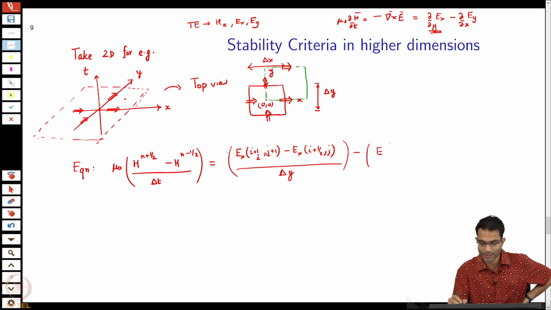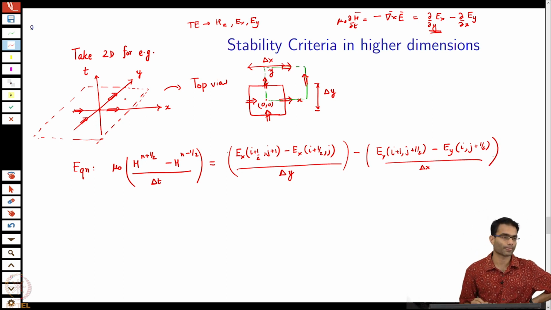The next term is dEy by dx, right. So Ey, it is this minus this, right. So this is going to be I plus 1, j plus half minus Ey I comma j plus half, right.